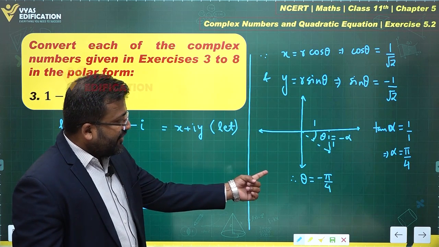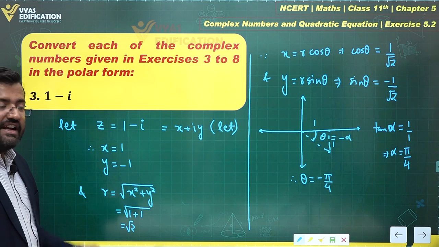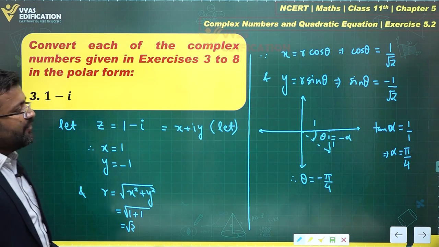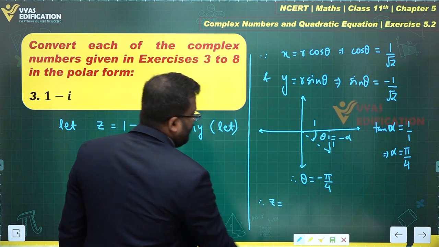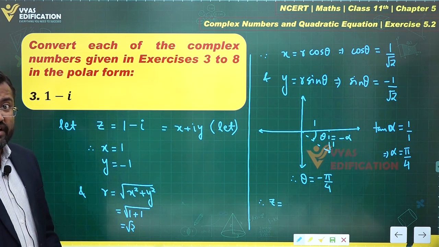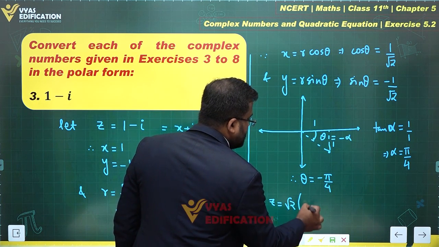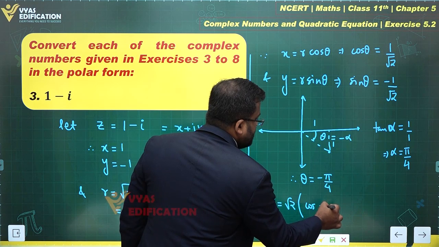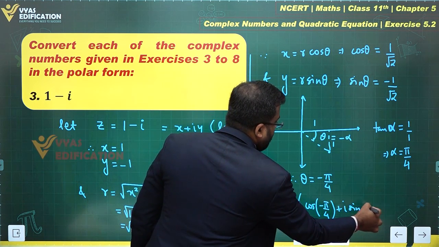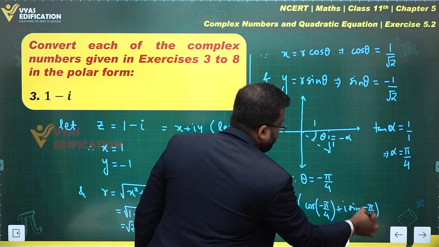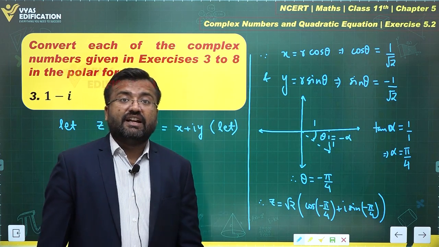So this is the argument of z. You have already found the value of r, that is the modulus of z, and therefore z in the polar form equals r times cos theta plus i sin theta, which is root 2 times cos minus pi by 4 plus i sin minus pi by 4. This is what I will be representing the value of z as.